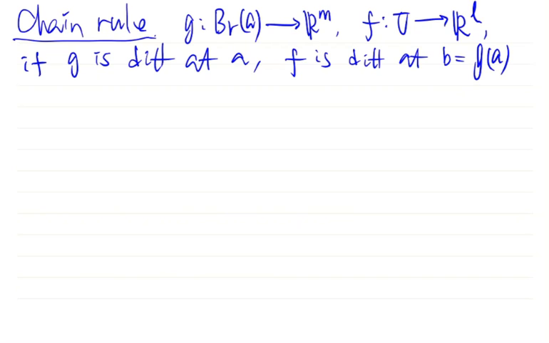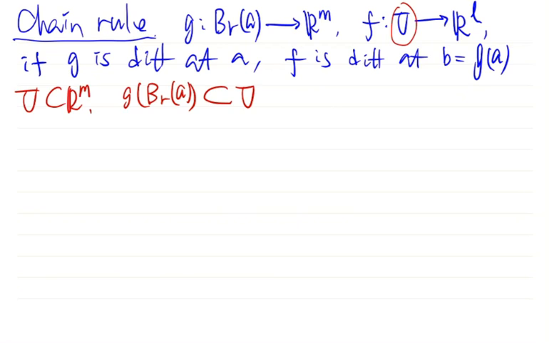and U is a subset of Rm, and we also assume that the image of G is contained in the domain of definition of F. Therefore, we can have a composition.